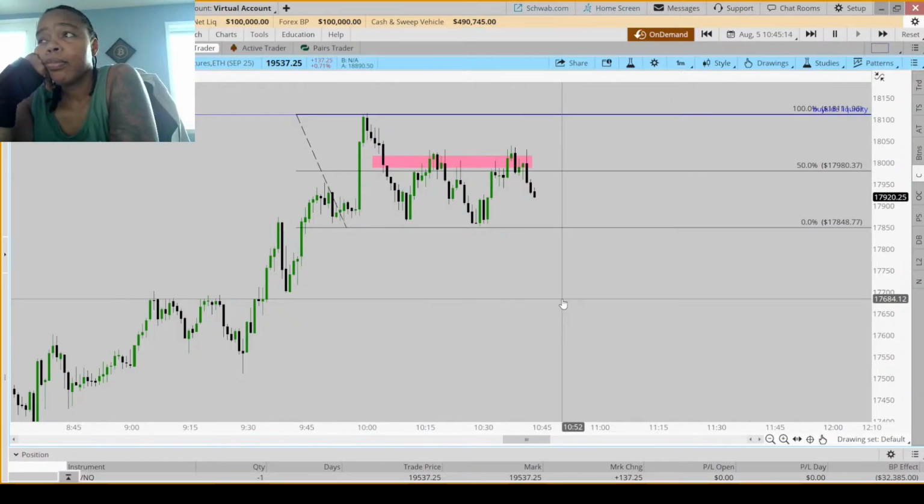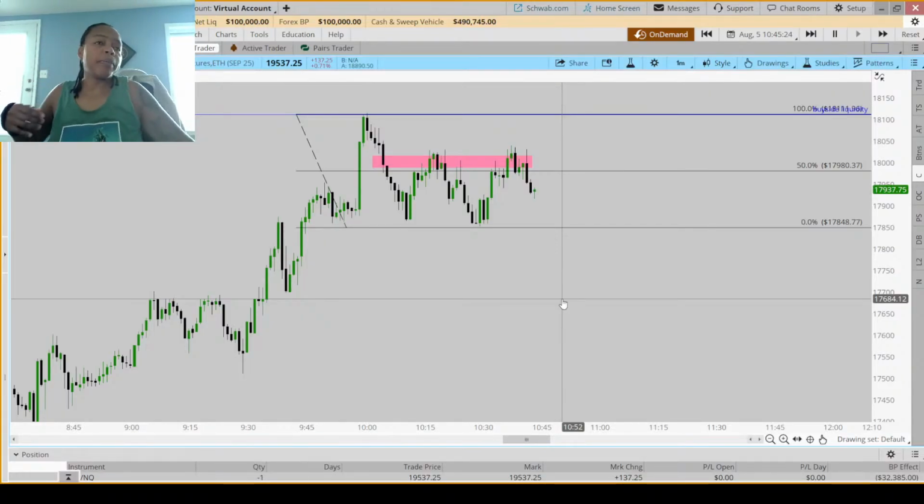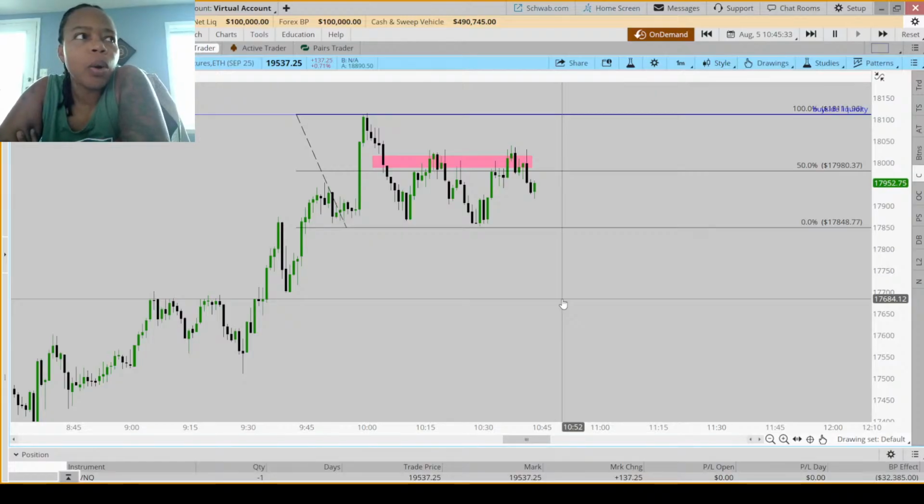I'd also be looking at ES and the Dow to see what they were doing. But the one thing I've noticed is that when those guys aren't correlated, everything's just crap, honestly.